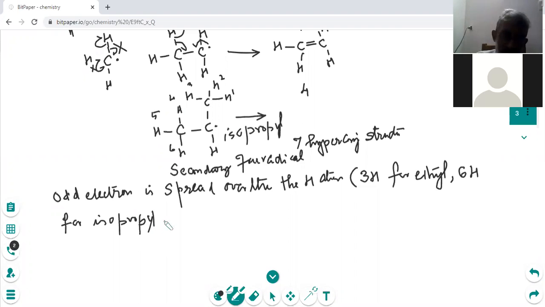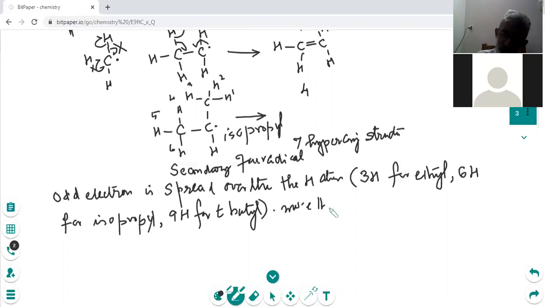And then how many H for T-butyl? 9H for T-butyl. So more the number of structures, more stabilization.